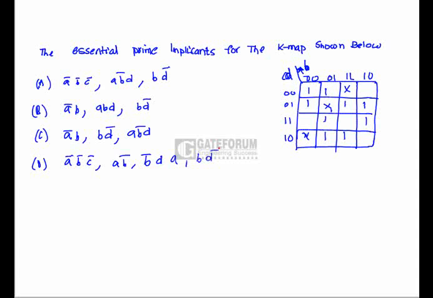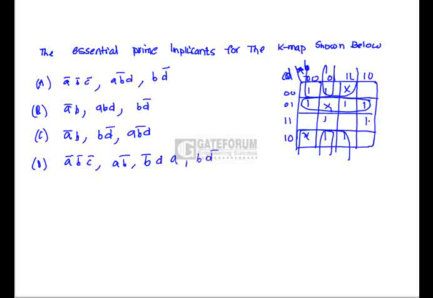Essential prime implicants for the K-map shown below is. Here, first of all, we have to group the squares such that this one and this forms the quad, again this forms the quad, here these two squares and these two squares forms the quad, but there are multiple possibilities for these minterms which we have been grouped together.